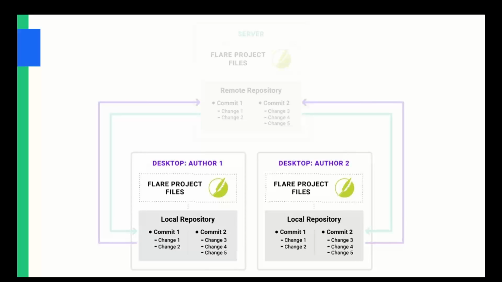But then each Flare author who is bound to that remote Git repository, they also have their own repository locally on their computer next to their Flare project files. So this graphic shows these two squares down here at the bottom, each one representing the Flare project files for two imaginary authors. And each author has a local Git repository for their Flare project files.